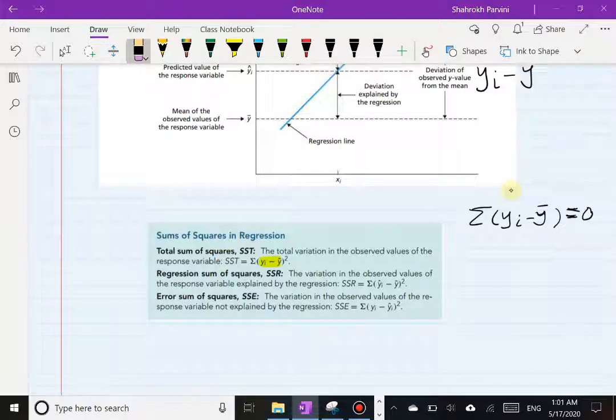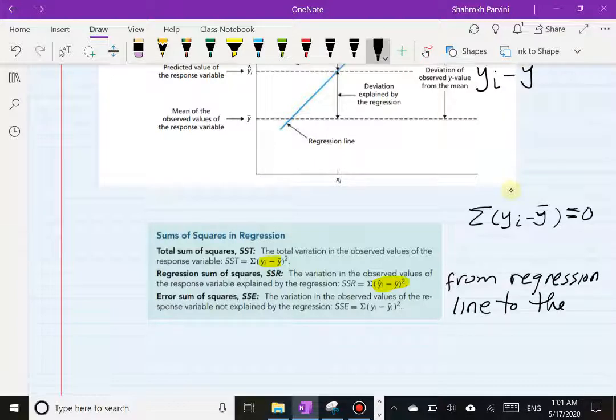That's what that is. And the other portion we looked at was y hat i minus y bar. This is called the sum of squares regression. That's the distance from the regression line to the mean. Okay, this is from the regression line to the overall mean, and that's y bar.